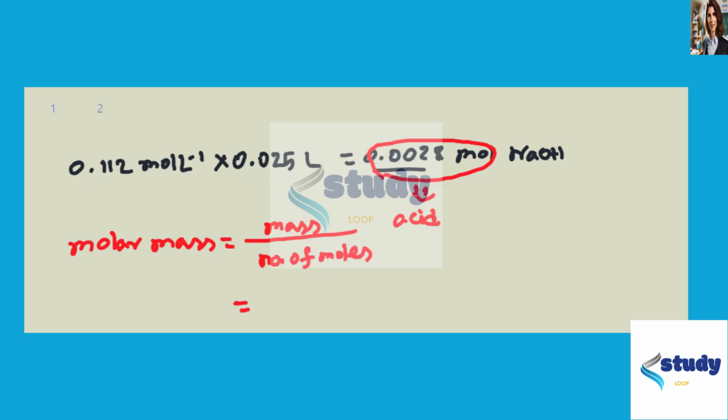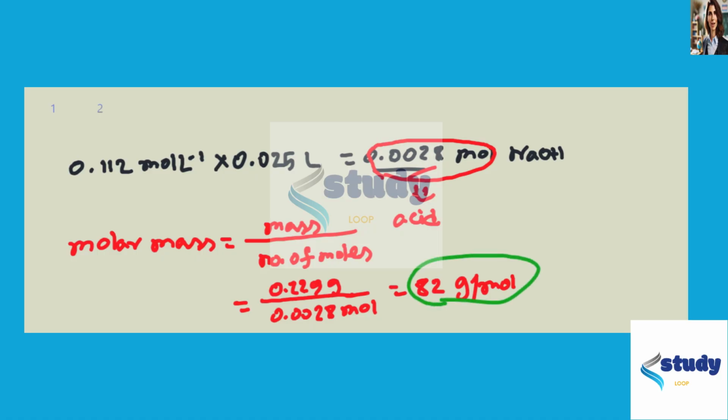So the mass of the acid here is 0.229 gram, and the number of moles here is 0.0028. So from this calculation, we will have a value of 82 gram per mole, which is the molar mass of the acid in this titration.